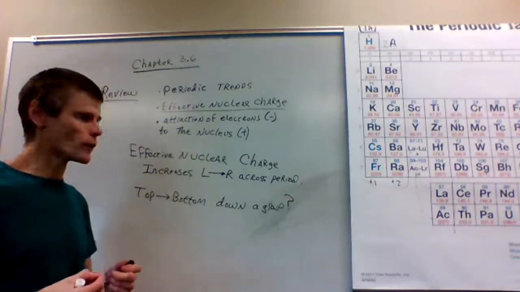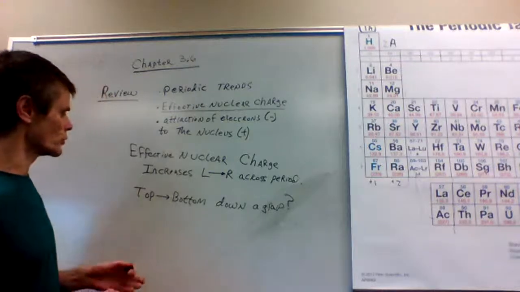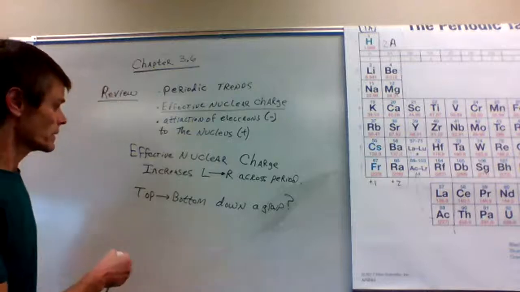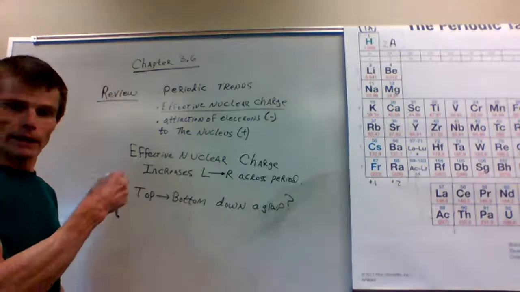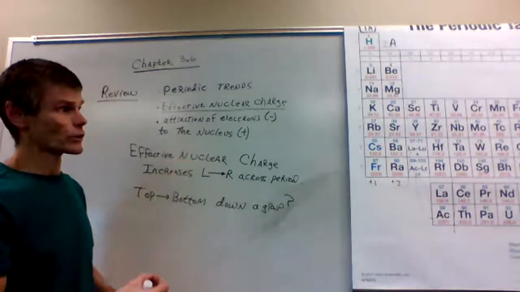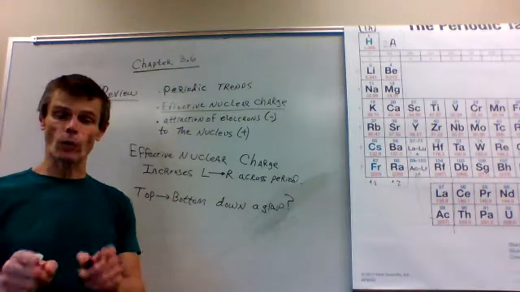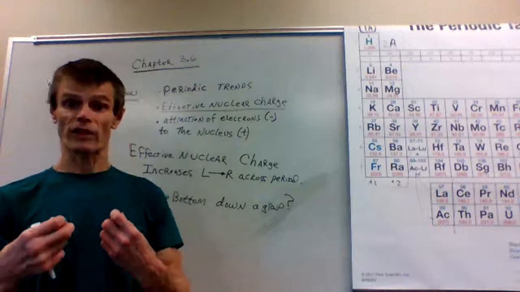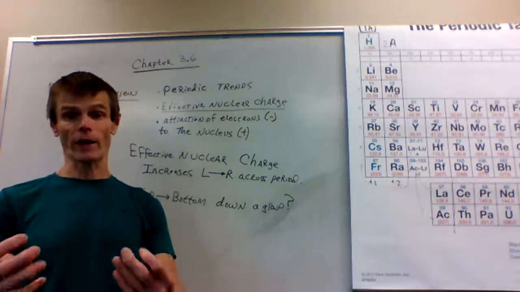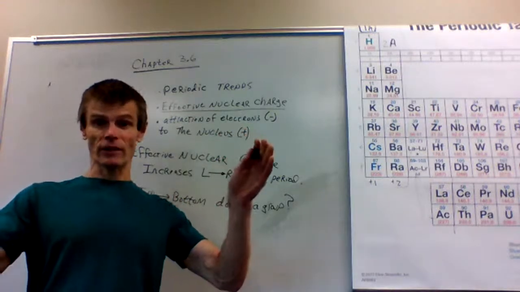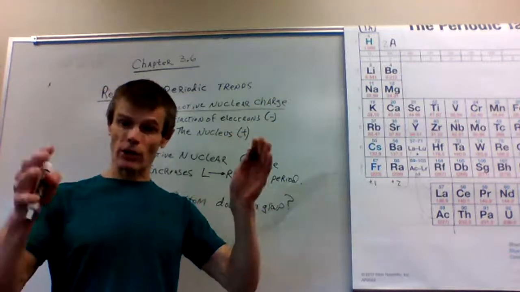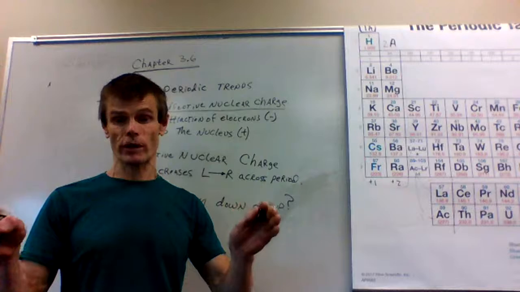As a review, effective nuclear charge does show a periodic trend. Effective nuclear charge increases from left to right across a period. The reason is that we're increasing the number of protons within the nucleus. There's a greater effect of attraction for the added electrons that we get with those additional protons, because those electrons are in valence shells.